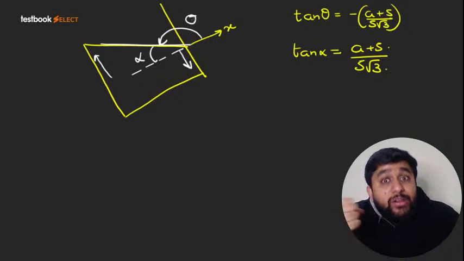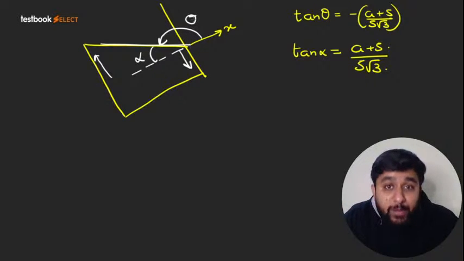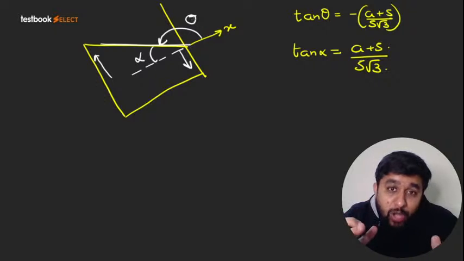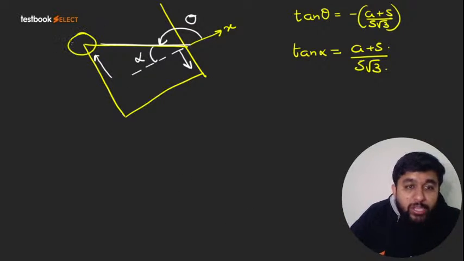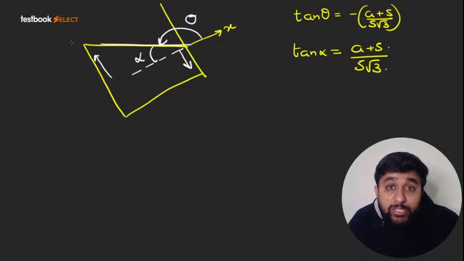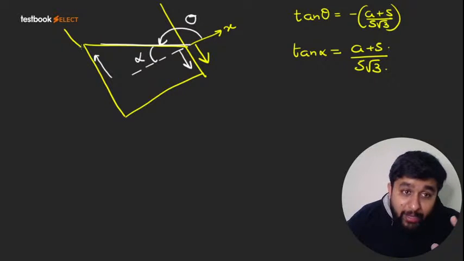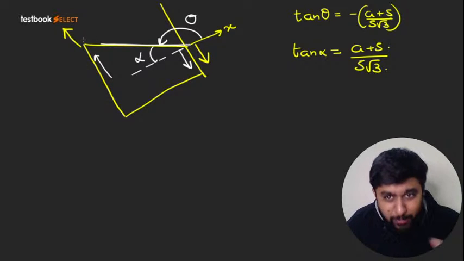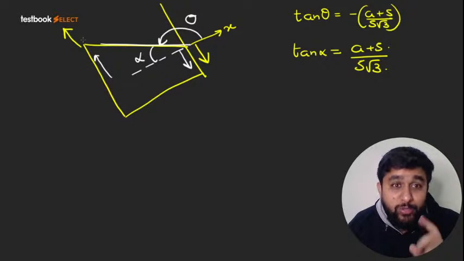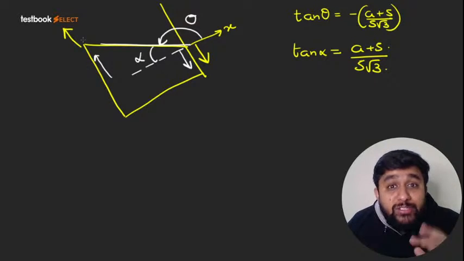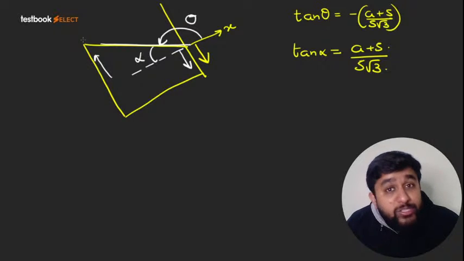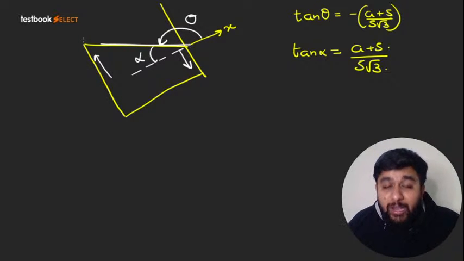But if the acceleration increases, the shape will change a little and water will spill out, है ना? अगर acceleration constant रहती है तो पानी की shape ऐसी रहेगी और पानी यहाँ से spill out नहीं करेगा. मगर acceleration की थोड़ी सी भी value बढ़ा दी तो यहाँ पे पानी और नीचे जाएगा, यहाँ पे पानी और rise up करेगा तो पानी spill out करना शुरू कर देगा. So this is the condition when water is just about to spill out. It is not spilling out, it is about to spill out.